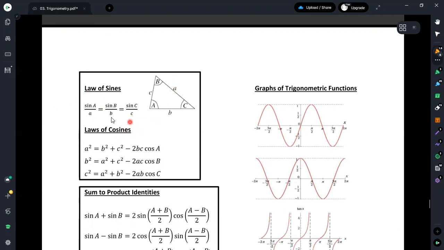And for the law of cosines, if you know one angle with two other sides, then in such situations we can use the law of cosines to calculate the length of the remaining side.